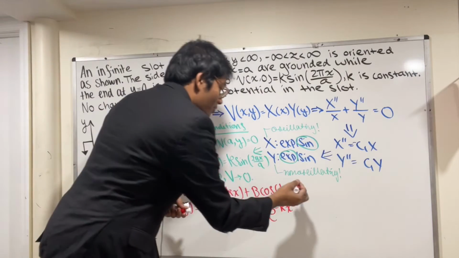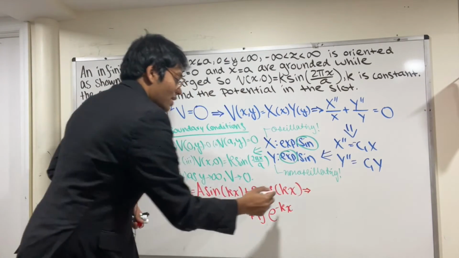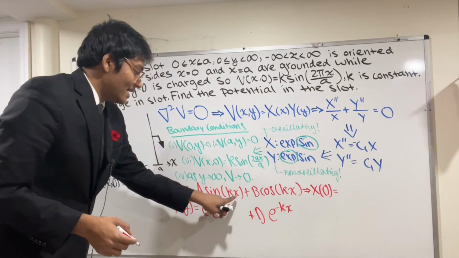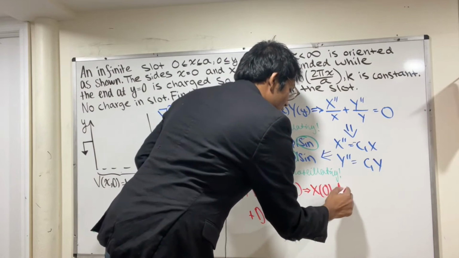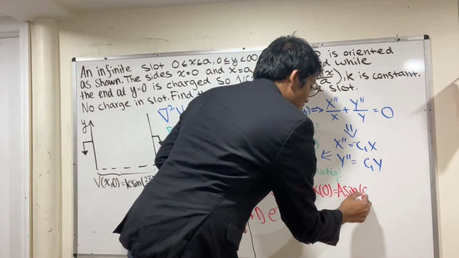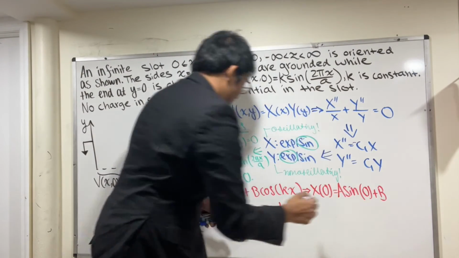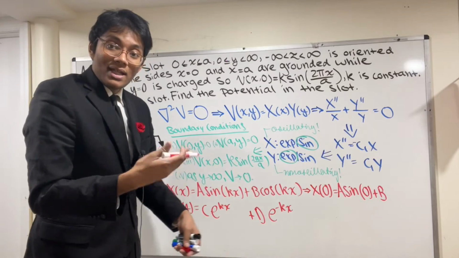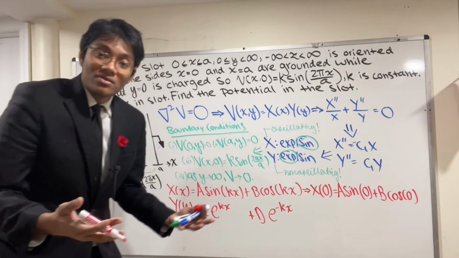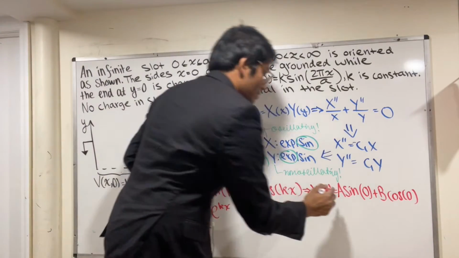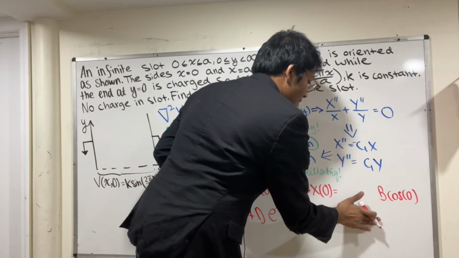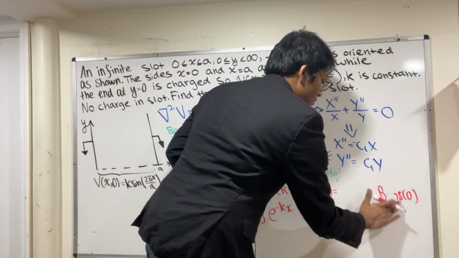So when x is 0, that's equal to a sine kx, well, k times 0 is 0, plus b cosine kx, well, k times 0, again 0, so cosine of 0. Sine of 0 is just 0, so this thing is gone. Cosine of 0 is 1, so I can just erase it.